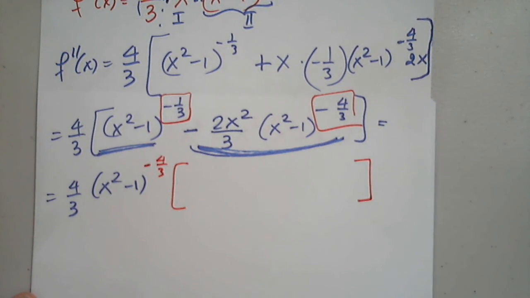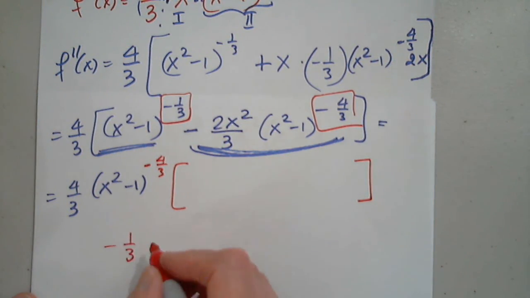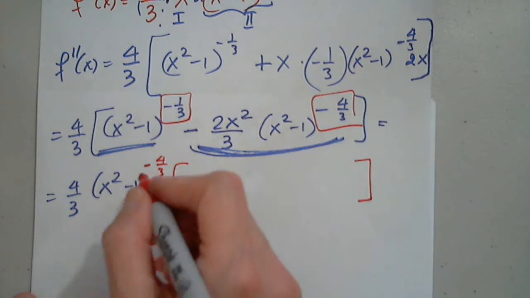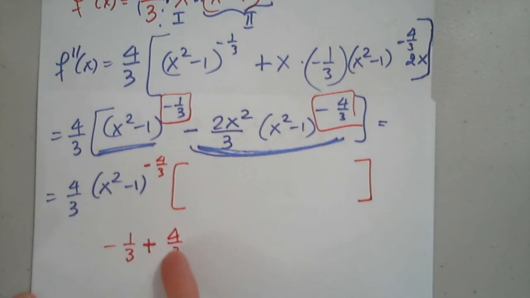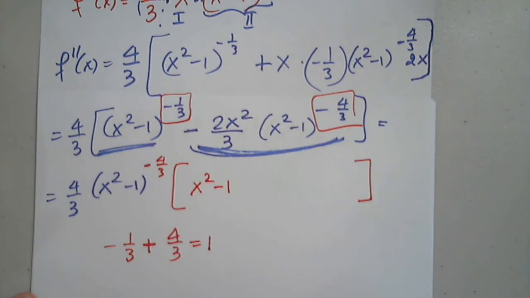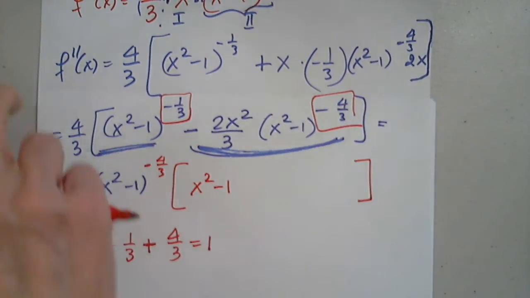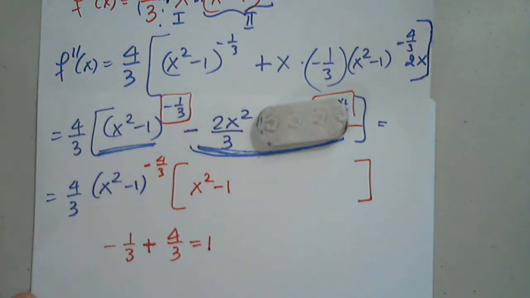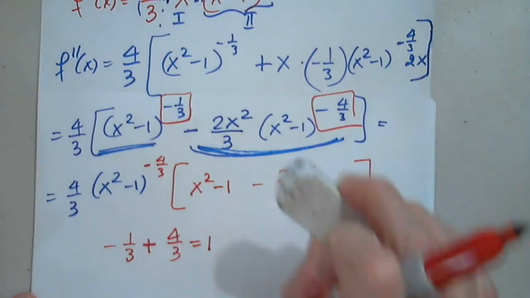So now let's see what happens. From negative 1/3, I subtract negative 4/3. But this is 4 minus 1, which is 3. 3 over 3 is 1. So I have an x squared minus 1. This happens to be completely out. So minus 2x squared over 3.